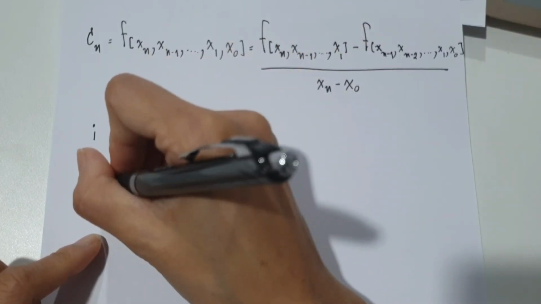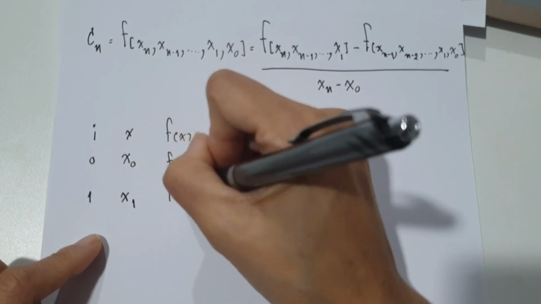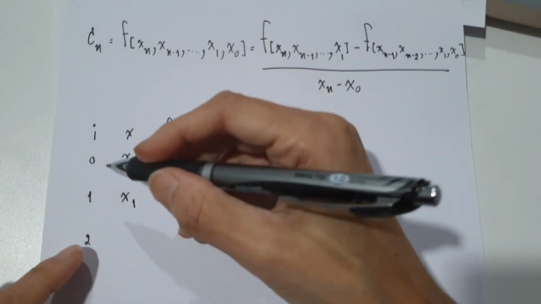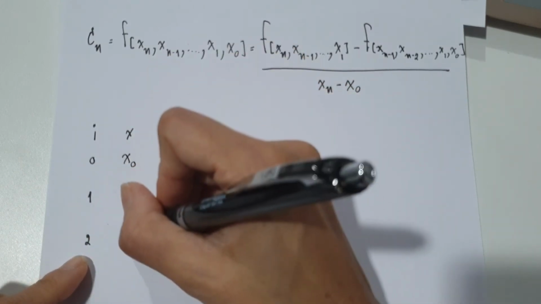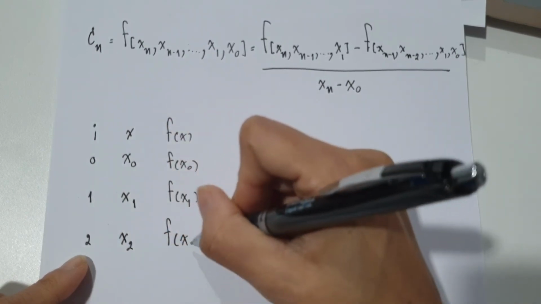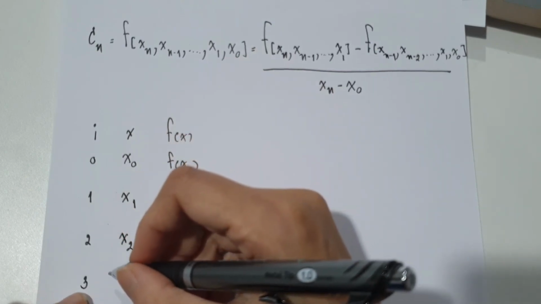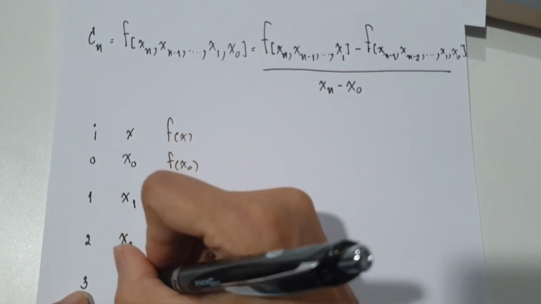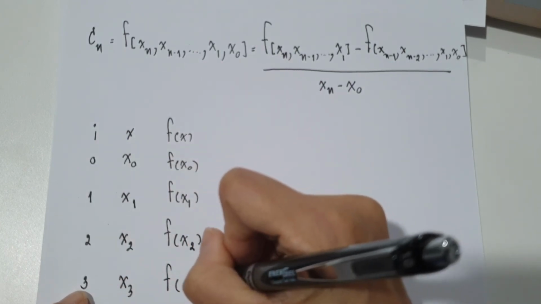At the point i equal to 1, you get x1 and f(x1), at the third point, i equal to 2, you get x2 and f(x2), and also at i equal to 3, you get x3 and f(x3).